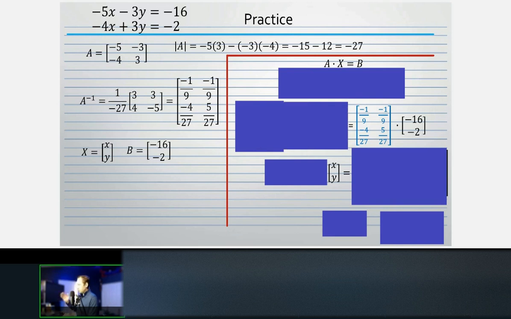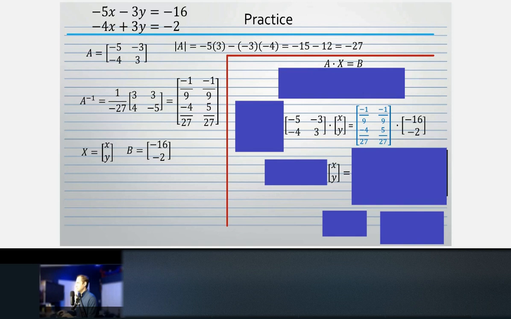That's really the whole point, is to do the inverse matrix times the constant matrix to get our answer. But I still want you to show the setup. So, we're going to have that, right?